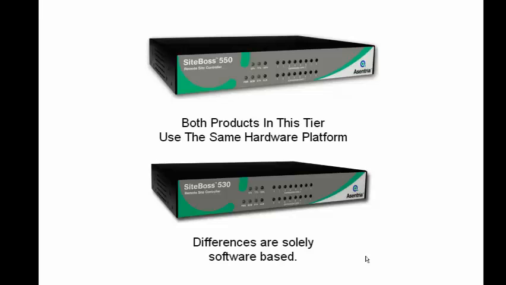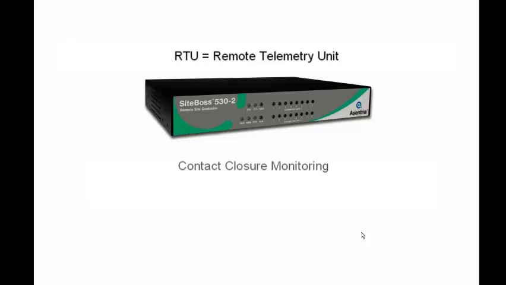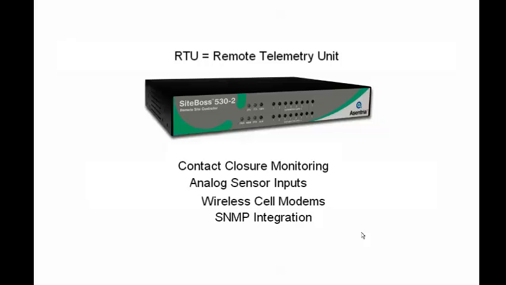You will also find this same basic versus advanced feature differentiation in the 450 and 430 models and the 350 and 330 models. The 530 is our basic generic controller model. This model is targeted toward what would typically be called RTU applications, such as contact closure monitoring, analog sensor inputs, wireless cell modems, integration with SNMP managers, and basic alarming capabilities.